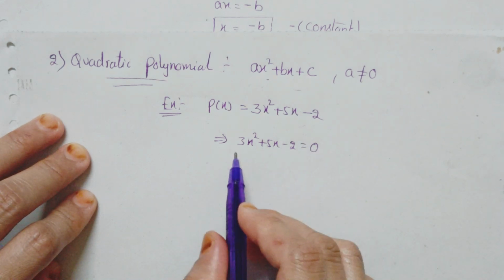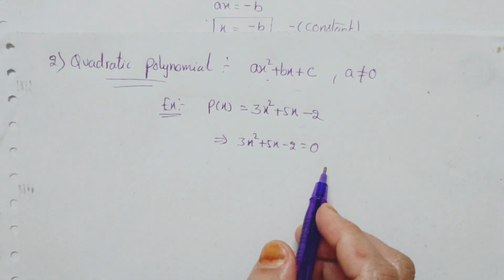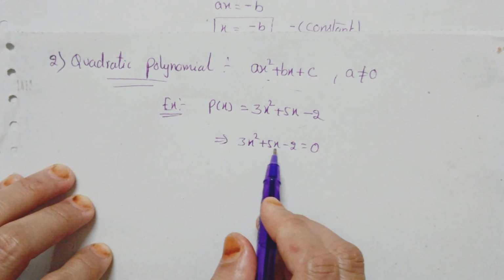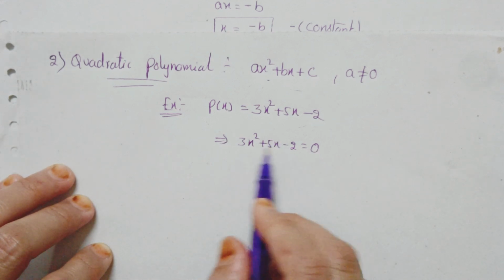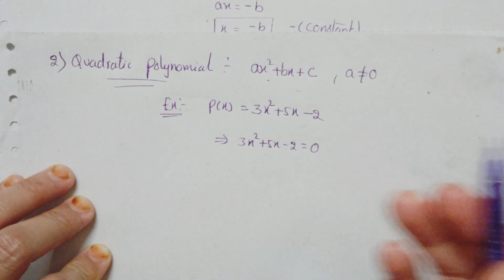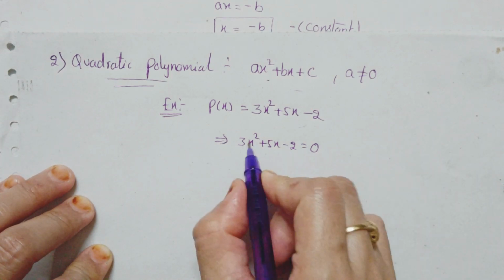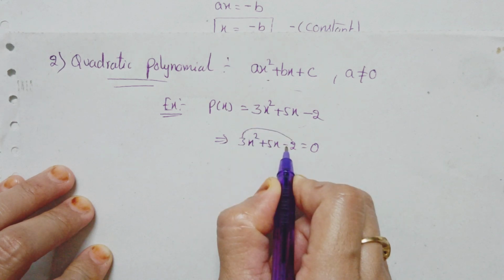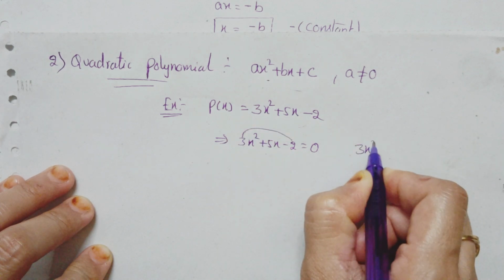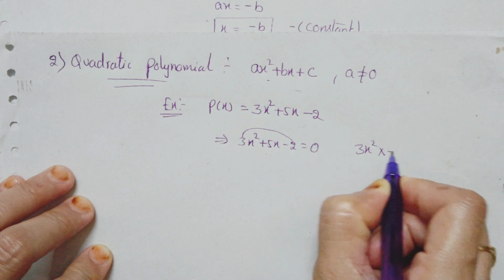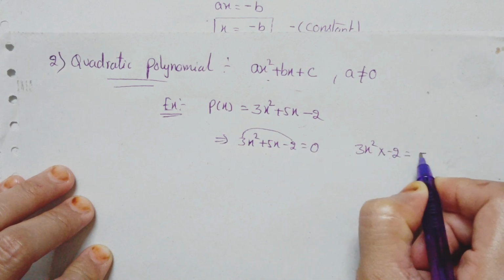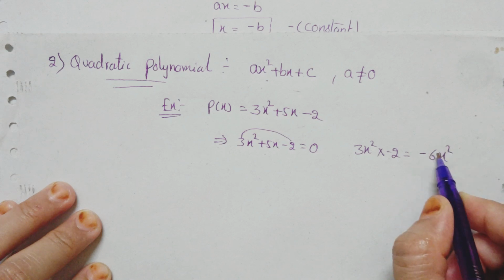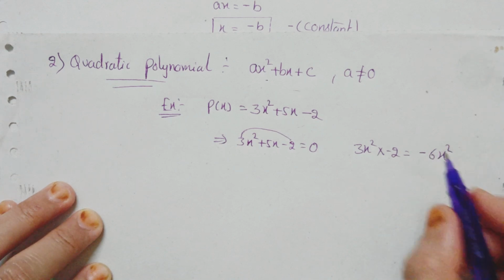Now this is a quadratic polynomial. What we have to do is split the middle term and find the factors. How to find the factors? We multiply 3x square into minus 2, which equals minus 6x square. Now we have to find the factors of 6x square.